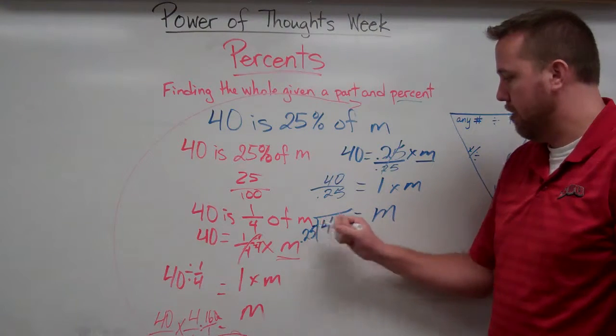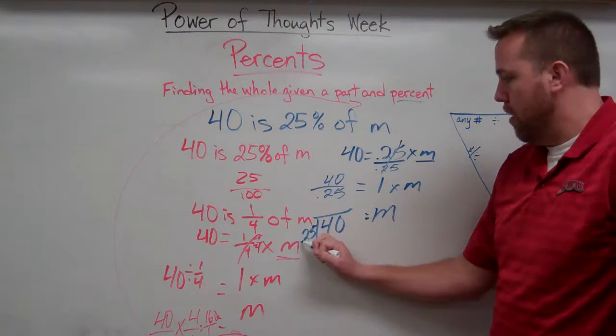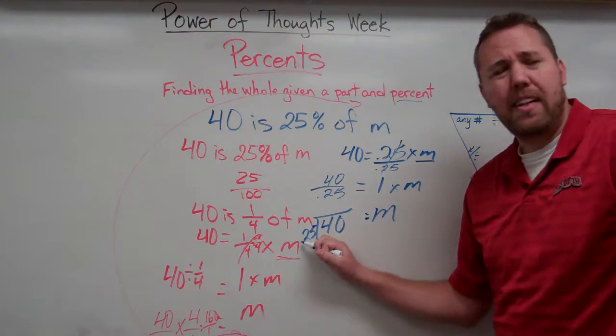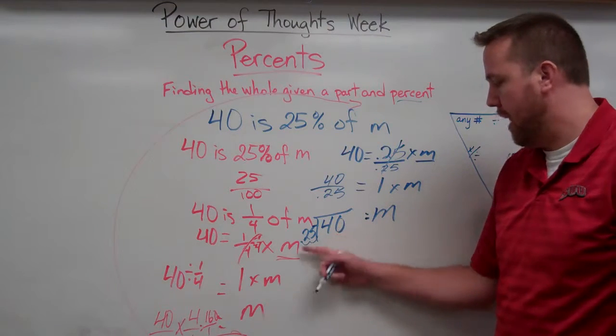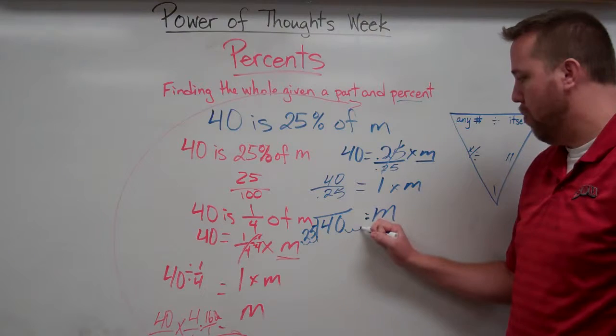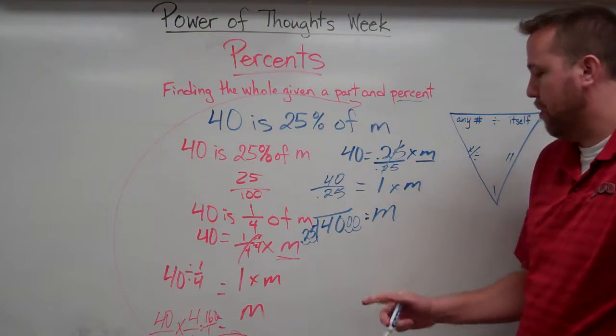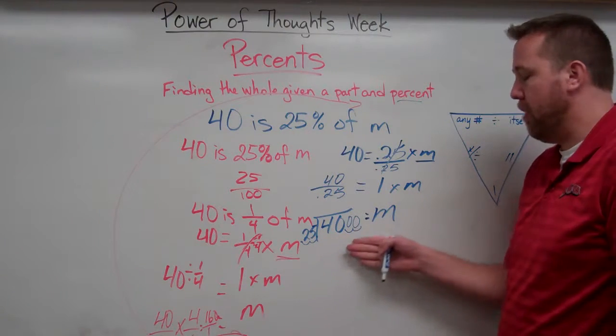Sorry, we're running out of space a little bit there. That's my fault. We have 0.25. We don't want the decimal in the divisor, so we multiply to get it out. We multiply that side by 100, so we multiply this side by 100, filling in the spaces with zeros. 0.25 into 40 is the same as 25 into 400.